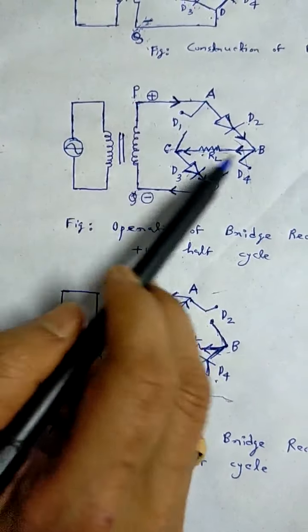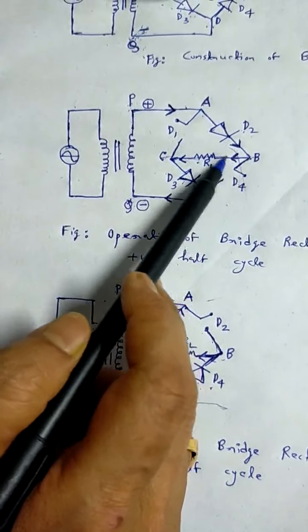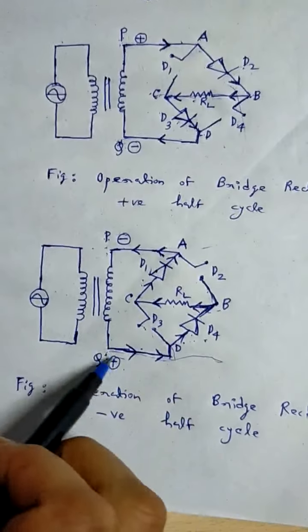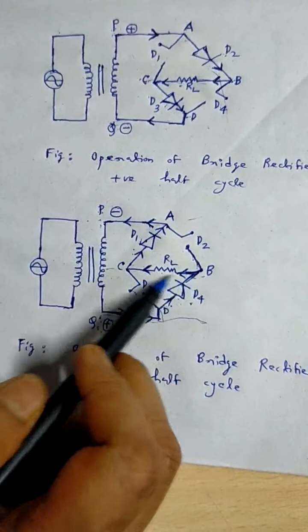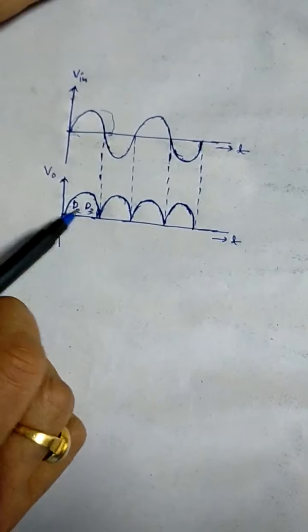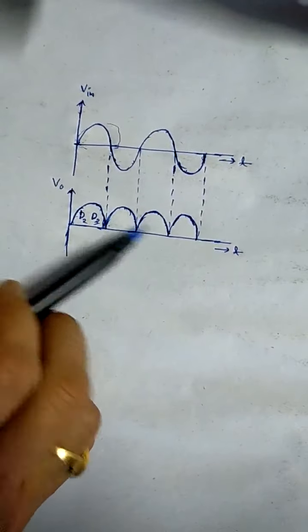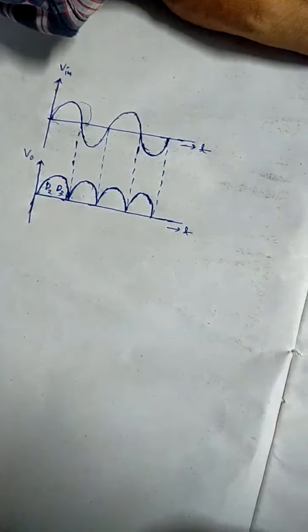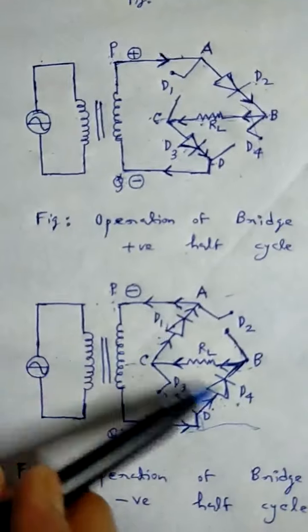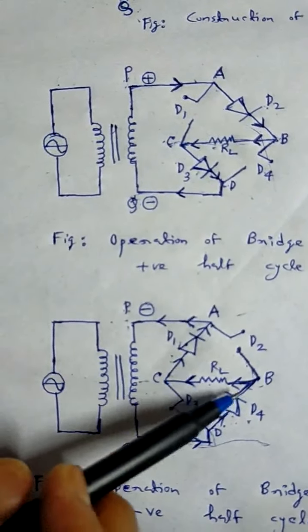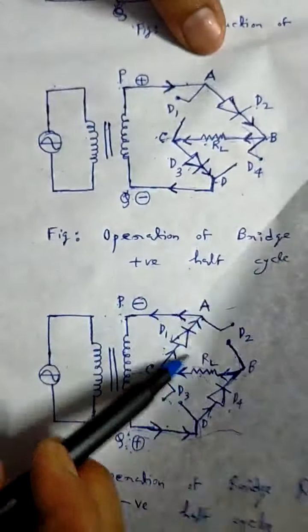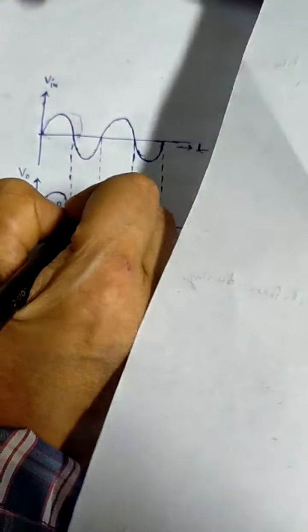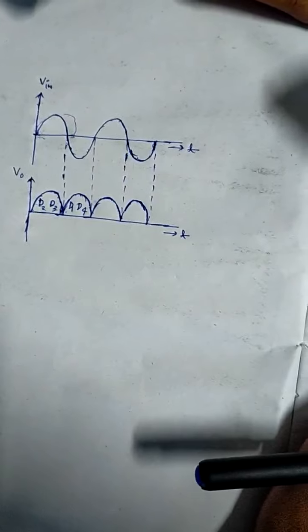During the positive half cycle current moves through the load from B to C, and during the negative half cycle also from B to C. That's why during both half cycles the output is obtained across the load on the same side of the reference. Because of the conduction of diodes D1 and D4, we get this output waveform across the load resistor, so we can name this waveform D1 D4.